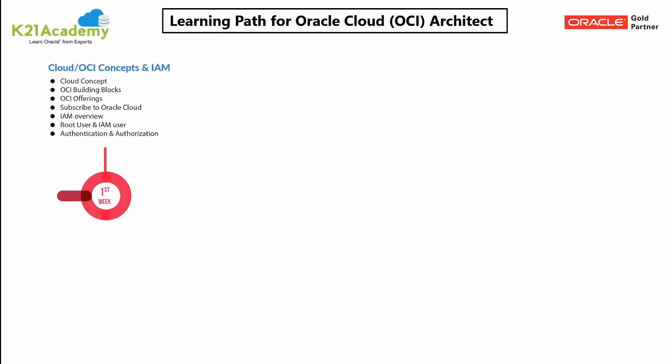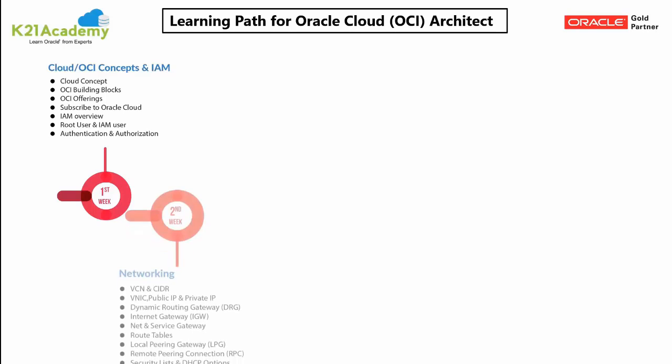You can follow the same method in order if you're preparing or learning. So in module 1 or week 1, you should learn about cloud concepts. You should learn about basic identity and access management, covering users, authentication, authorizations, groups, basic IAM policies.